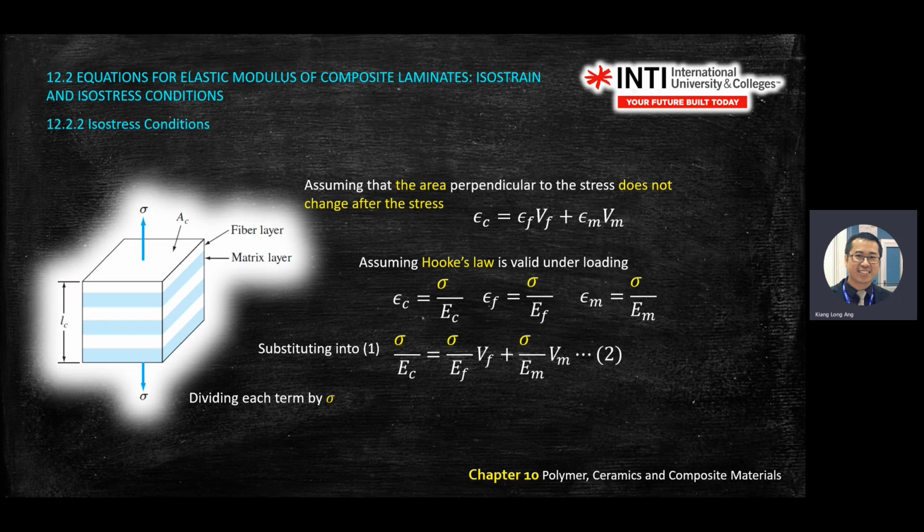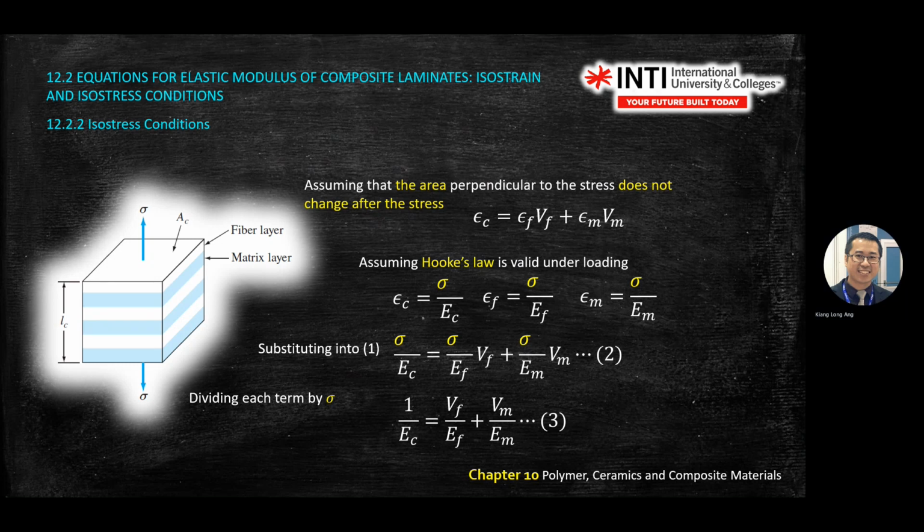This is 1. Then you factor out all the stress, because the stress is the same, so you can cancel all the stress. So you get 1 over E composite equals V divided by E fiber plus V divided by E matrix. This is for the isostress condition.